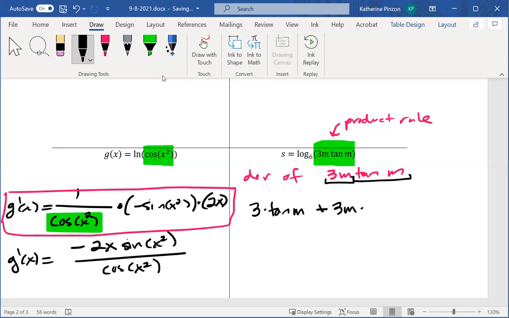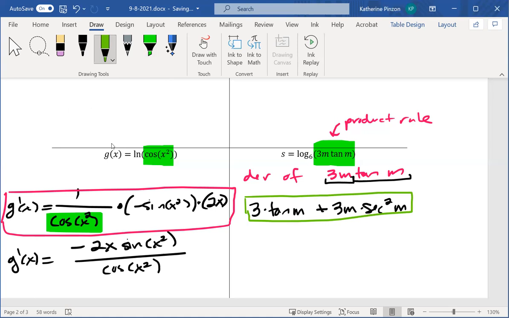What's the derivative of tangent? Close. Secant squared m. So this piece that I just found is the derivative of the inside function, the derivative of the green piece. Okay, so when I do the chain rule, I'm going to multiply by this thing because that's the derivative of that inside green function.